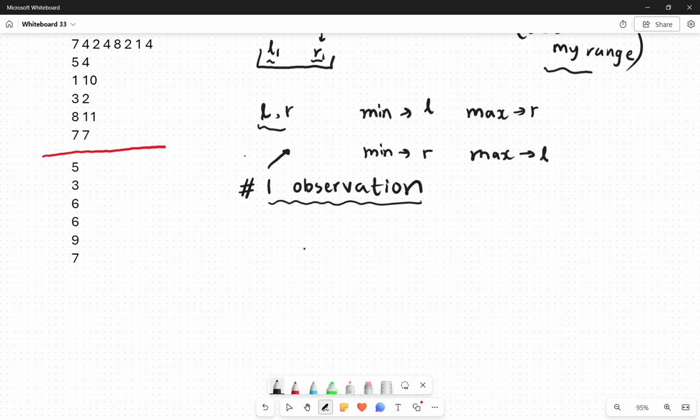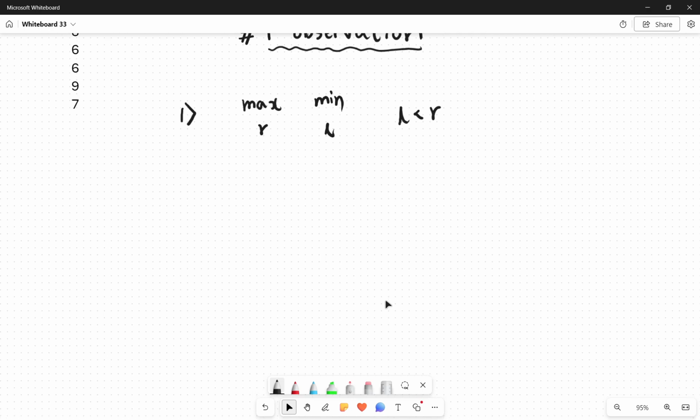So again, what do I need to calculate? Suppose first case. Okay, let's remain consistent with the colors. First case: my maximum is located at index R and my minimum is located at index L. So L is definitely less than R here. L stands for left and R stands for right here. And my number two case, we'll see what that is.